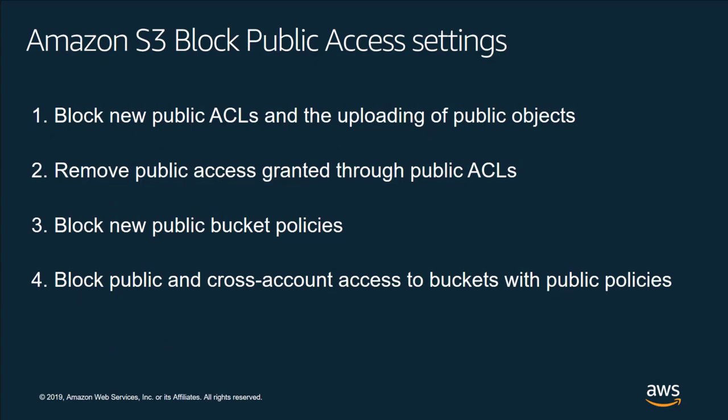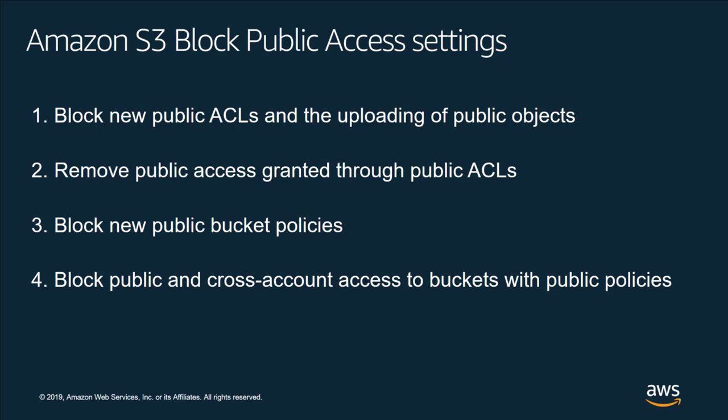Essentially there are 4 settings, 2 regarding ACLs and 2 regarding public bucket policies. In general, we recommend you just enable all 4 of them. I'll show you in the next slide a screenshot of our console. But we see that the vast majority of customers should just enable all 4 of these.